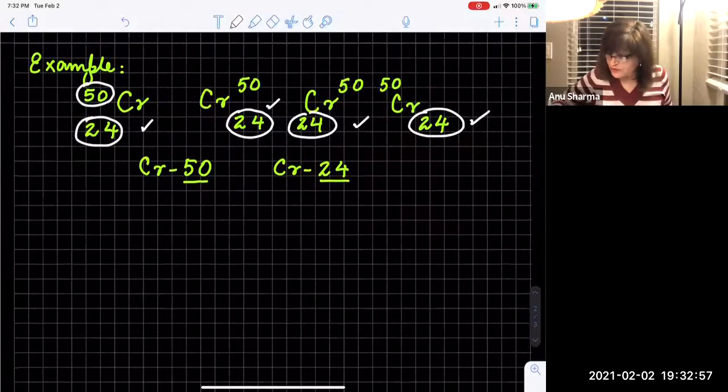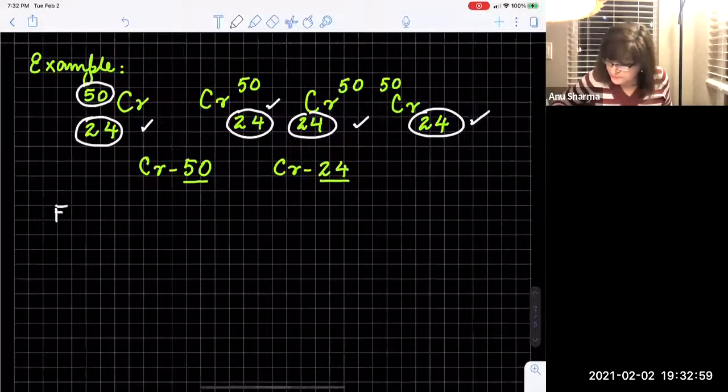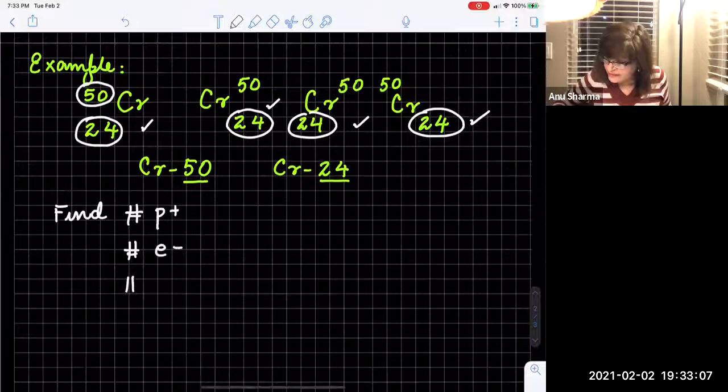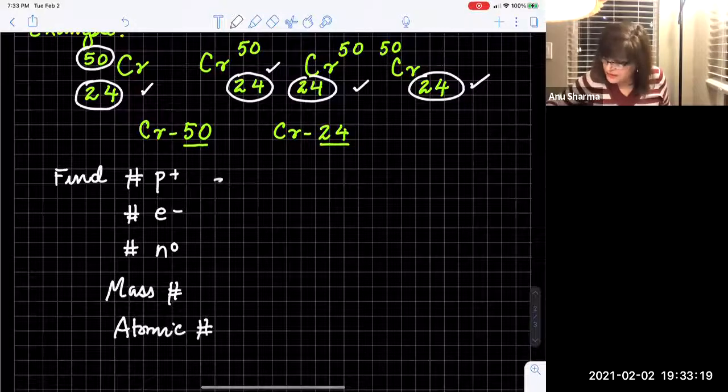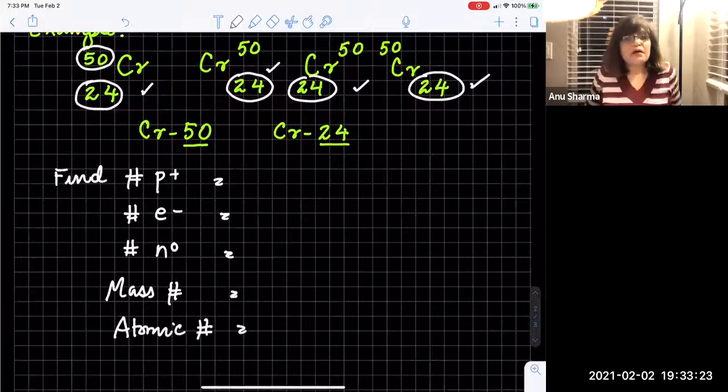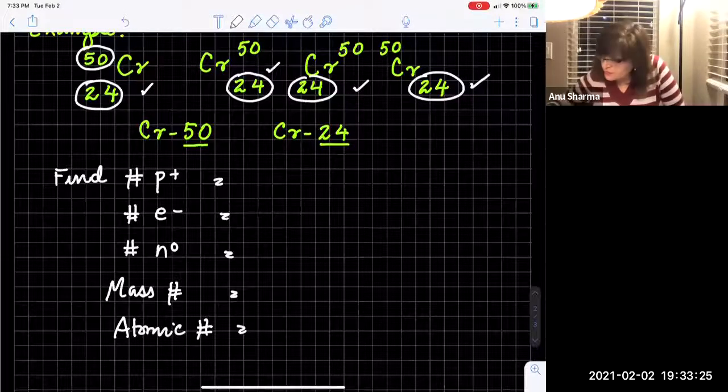Now let's look at this. The type of question that can be asked: find the number of protons, find the number of electrons, find the number of neutrons, and tell what the mass number is and what the atomic number is. So the number of protons is 24.